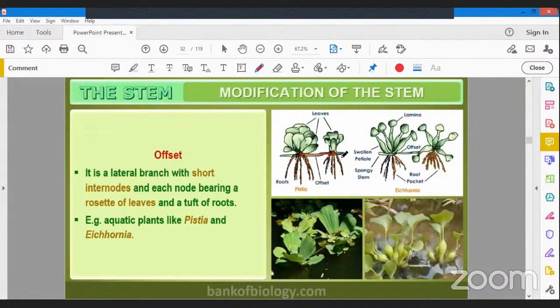Example in aquatic plants, so plants in water, Pistia and Eichhornia. Take it down.